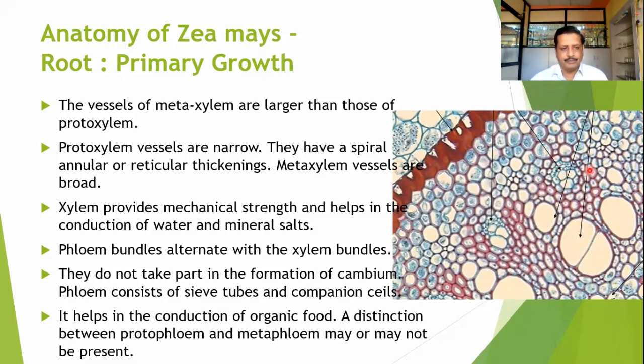This phloem helps in the conduction of organic food material, and the distinction between protophloem and metaphloem elements may not be present. Normally the phloem is made of actively dividing cells, and they are always in a state of stretching. So the distinction between protoxylem and metaxylem elements may not be observed here.